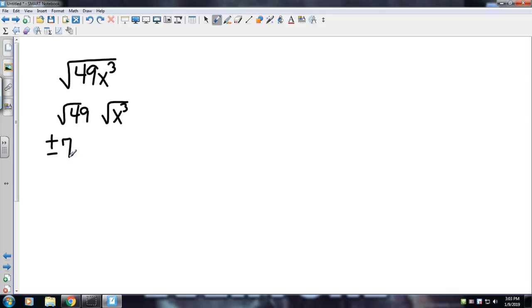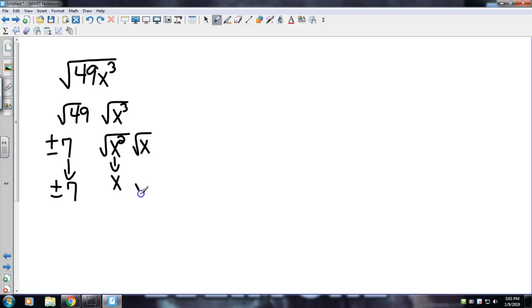Now, looking at that x cubed by what we did in chapter 6, section 1, let's break that thing down, and I can say that that's radical x squared times radical x. And I can take the square root of x squared. There is something multiplied by itself that equals x squared, and that's x. So now I have plus or minus 7.